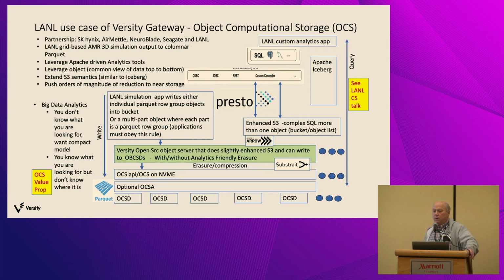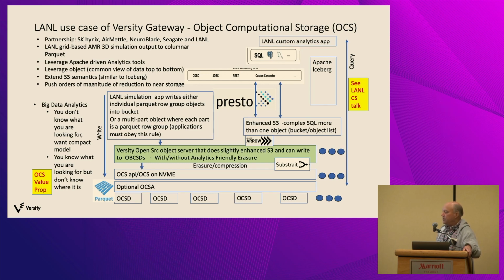So if you did 1,000 time steps, you'd have an exabyte. And so one of the things you want to do naturally when you have that much data, when you're trying to do analysis on it, is throw away as much of it as you're not interested in. And we've been looking for good ways to do that. And since it's all columnar, using the Apache ecosystem for indexing it so that you can quickly do analytics and read as little as possible and just get what you're looking for.